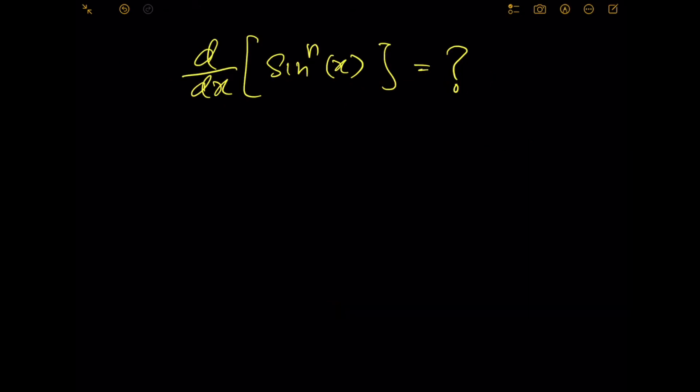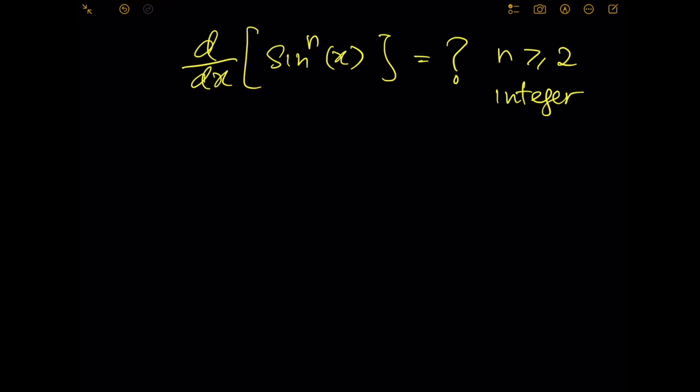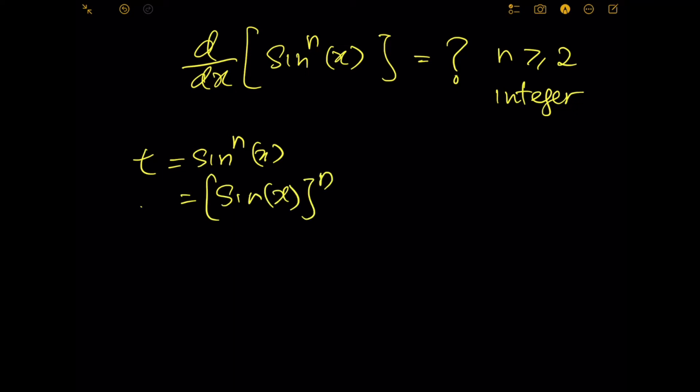Then we need to find out what is the equation of the differential of sine power n x, where n is actually an integer number bigger or equal to 2. Define t equals to sine power n x, which is another symbol to write it like this, the power is put outside.